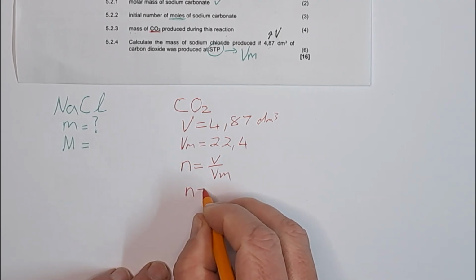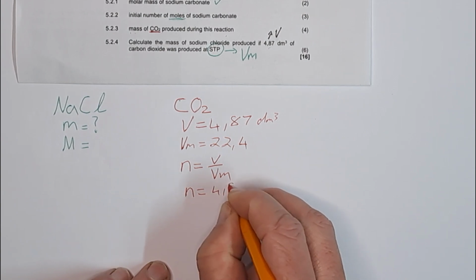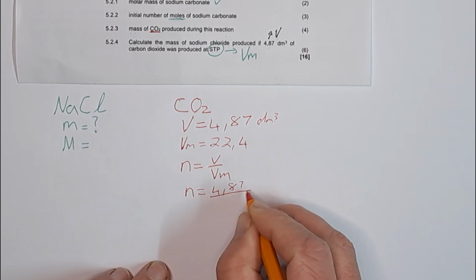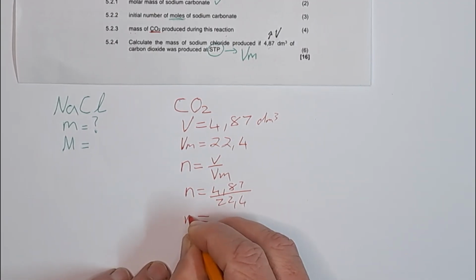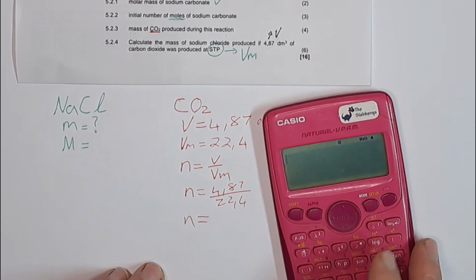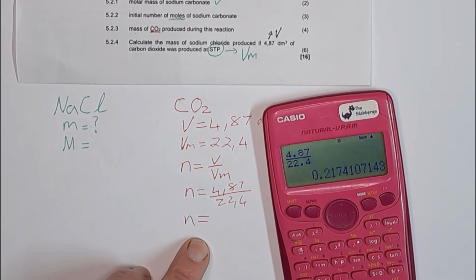So my volume is 4,87 over 22,4. Guess what I'm going to do now? I'm going to smash that into a calculator. So it's going to be 4,87 over 22,4, and that equals 0,2174 and so on.